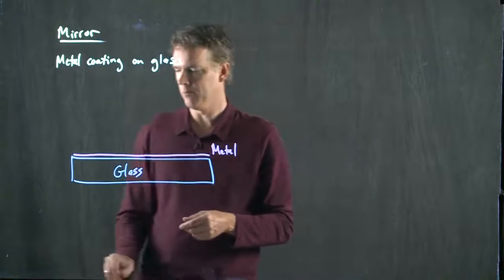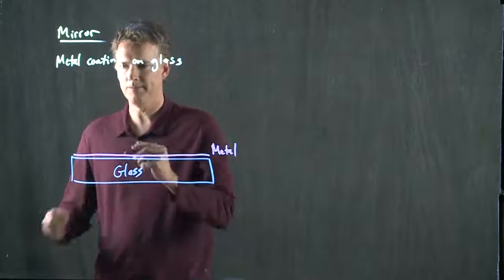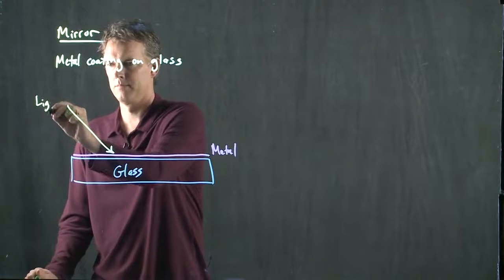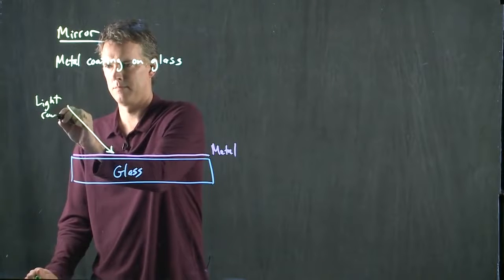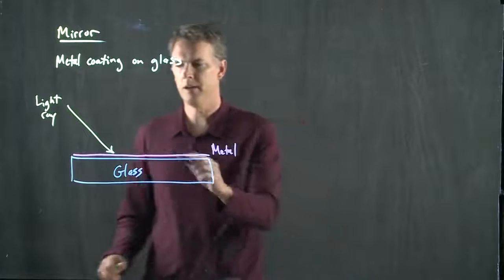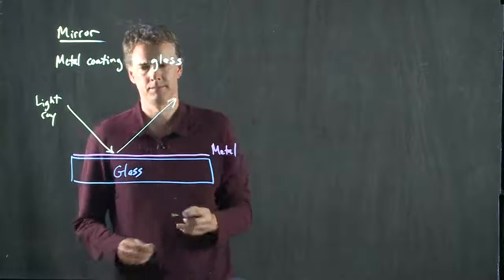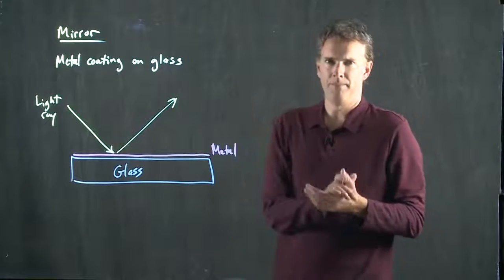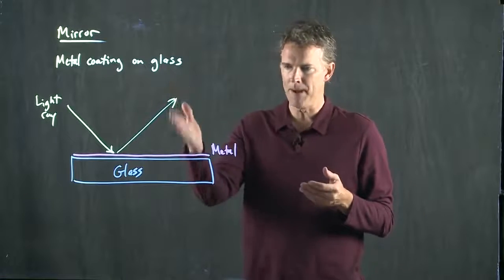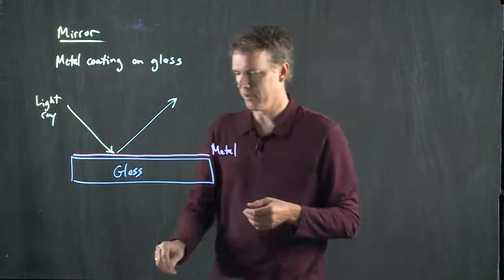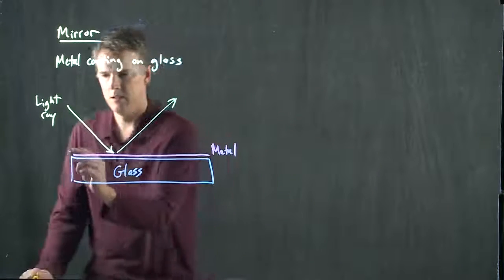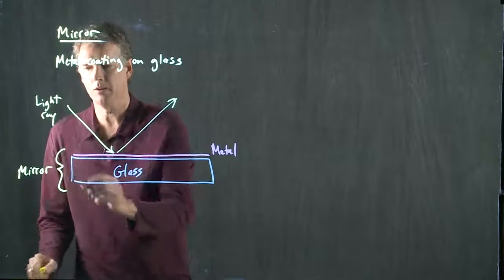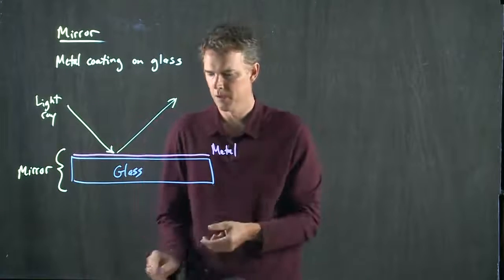So when a light ray comes in, here comes our light ray. It hits the mirror and it bounces off. Okay? Why does that happen? Why does light bounce off of this mirror? The combination of the two things here, the glass and the metal, is what constitutes the mirror.